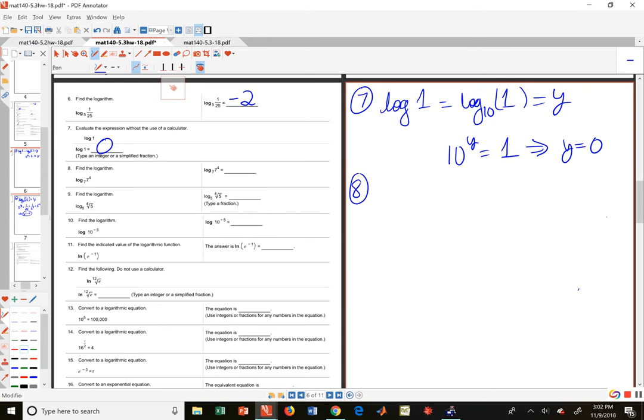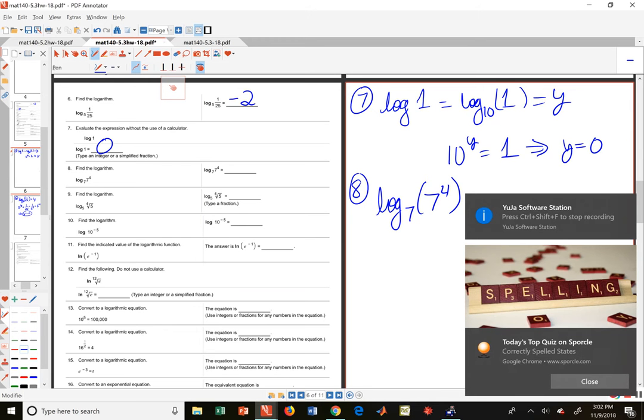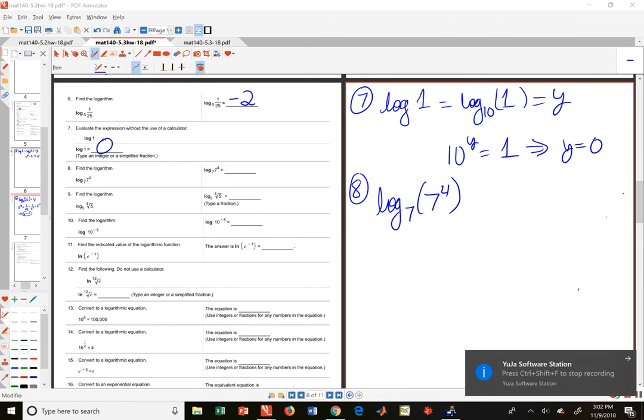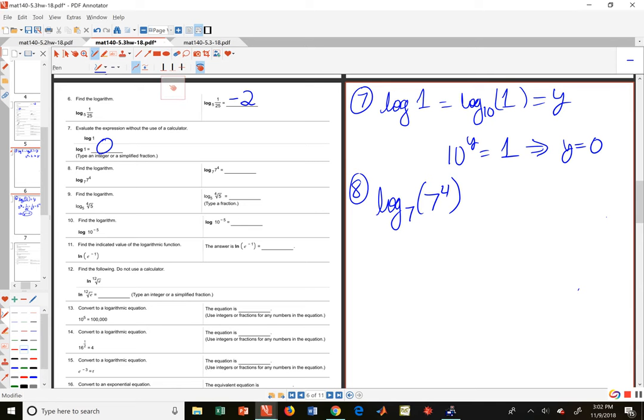Let's keep going here. So this is an unusual looking one. It has a log base 7, and then it has a 7 to the 4. And you got to be careful there. That base 7 is separate from that. Again, it's an exponent. Logs are exponents, so this means 7 to the y is 7 to the 4.